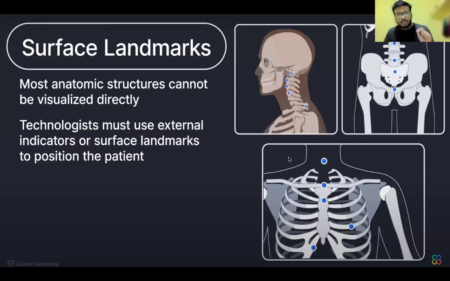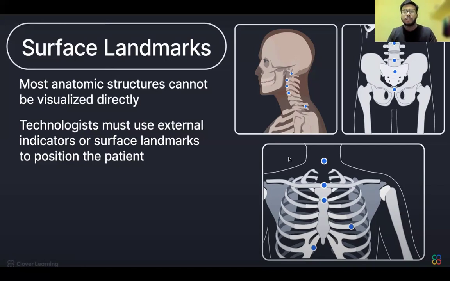While taking chest PA, you'll be keeping the centering point at the level of T7, the 7th thoracic vertebra, right? But how can you understand where the 7th thoracic vertebra is? We cannot count, right? T1, T2, T3, T4, T5, T6, T7.